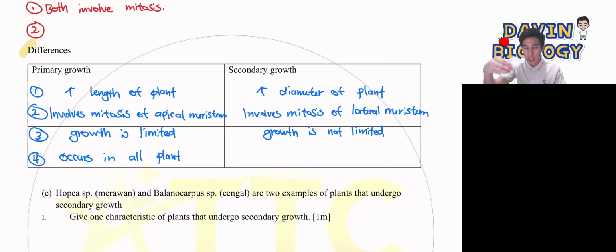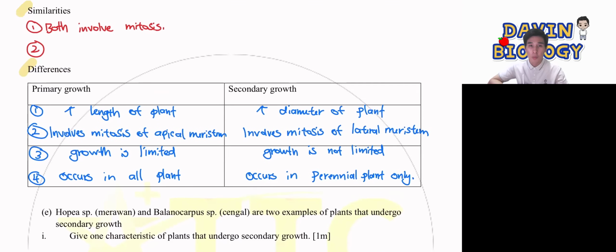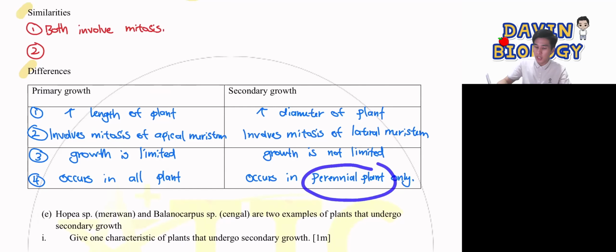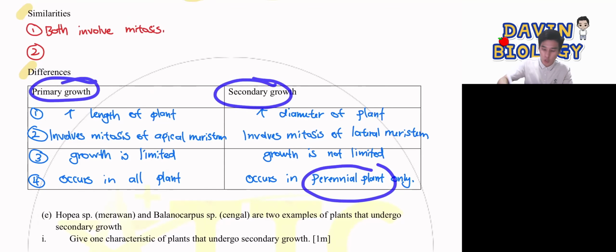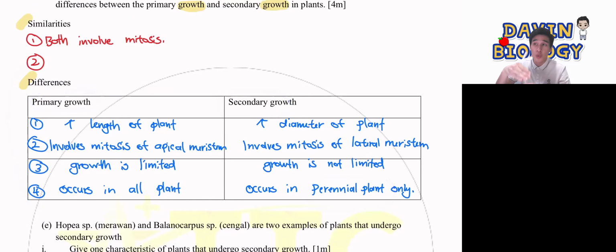Remember, in this chapter we also learn the different types of plants based on life cycle: annual, biennial, perennial. That will be our next topic. So it occurs in perennial plants only. Basically only perennial plants can undergo both growths. So back to here, the second similarity we can say is both occur in perennial plants.